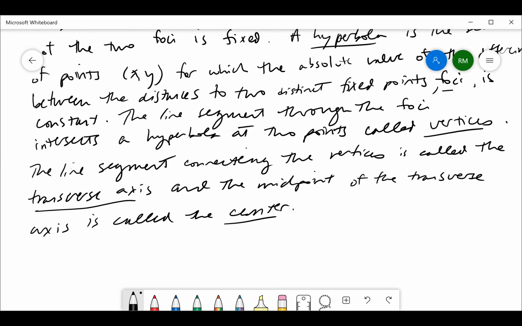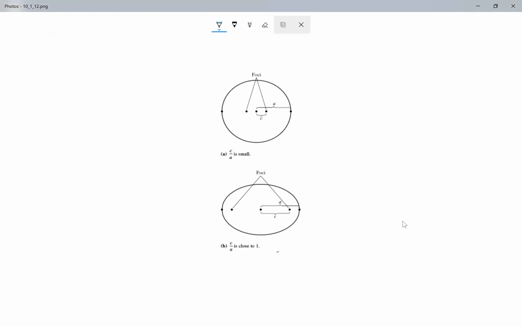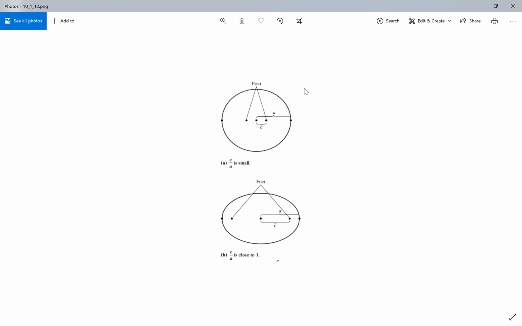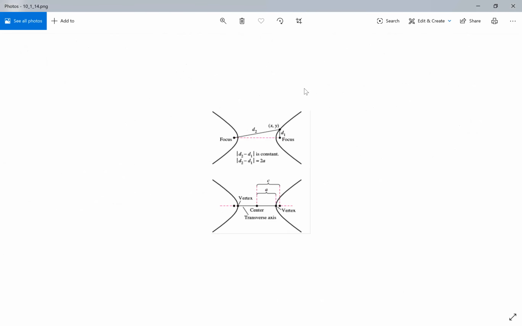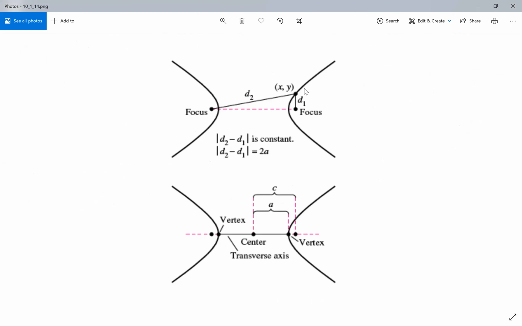All right. So a hyperbola has two distinct branches. So let's take a look and see what they look like. So this picture shows us much of the hyperbola.